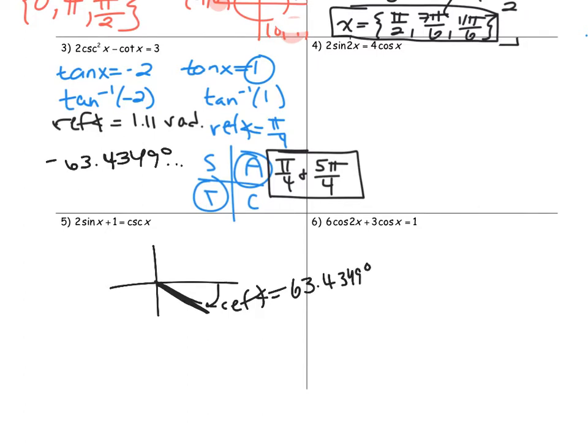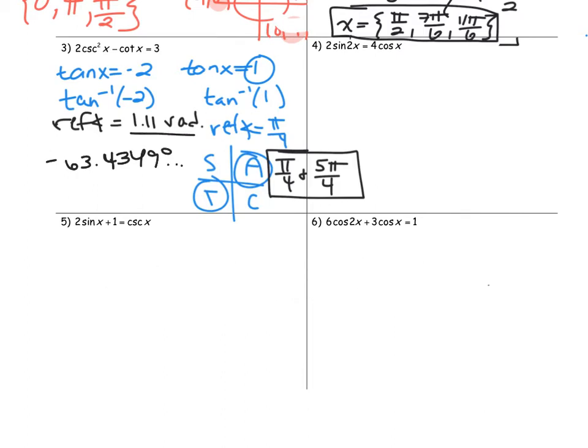But I want this in radians. To convert to radians, we multiply by pi over 180. So when I multiply that by pi over 180, that's how I get 1.11. I just rounded. Okay, so that's where this reference angle of 1.11 radians comes from.